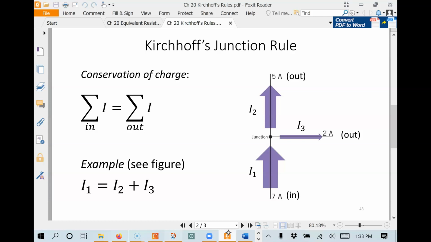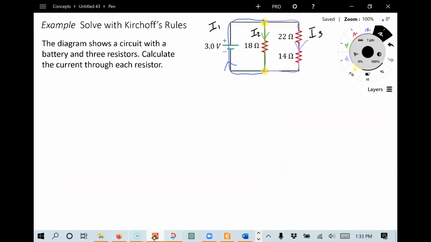Whatever comes in, the sum has to be equal to whatever flows out. There are no charges lost, in other words. So focusing on this junction here, we'll apply the junction rule. Which are the currents that flow in?